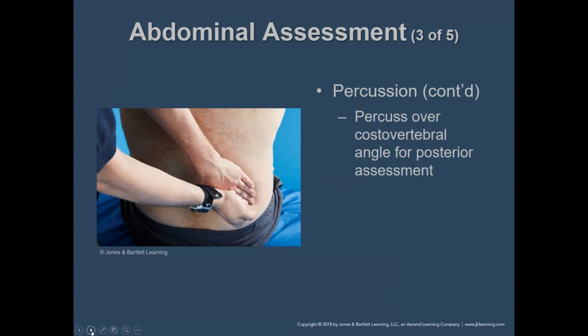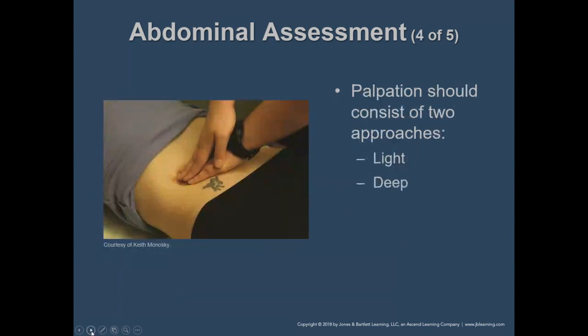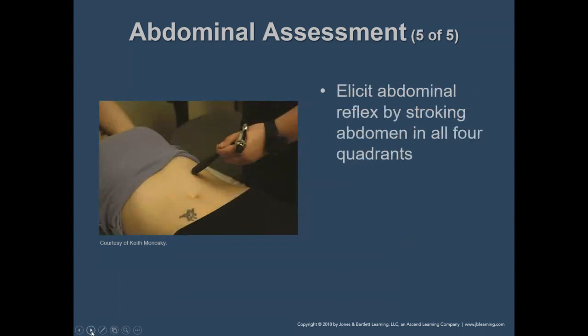Now, as you do these forms of assessment, all this palpation, light and deep, you have to know why you're doing those assessments. Now, this looks kind of wrong, but list abdominal reflex by stroking the abdomen in all 4 quadrants.